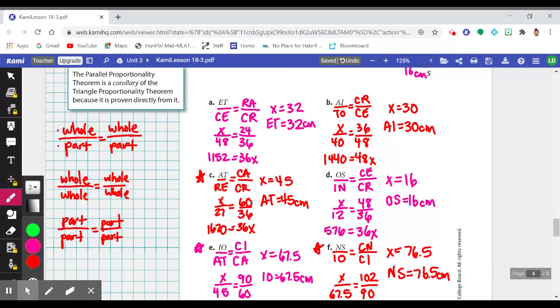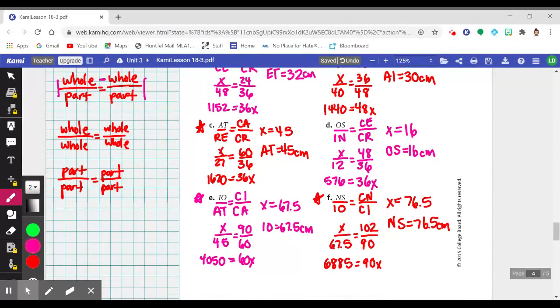But in the other ratio, I also have to compare a whole of the same triangle to a part. So notice the link. We can compare whole to part, absolutely, but on the second ratio, we have to compare whole to part as well.